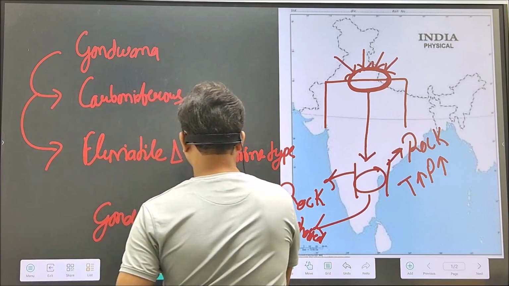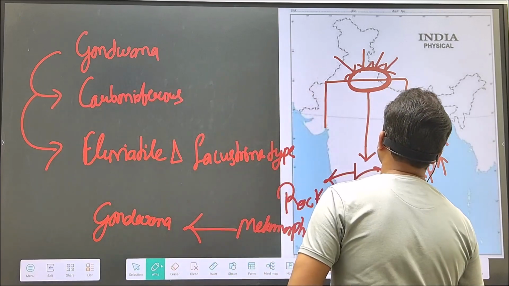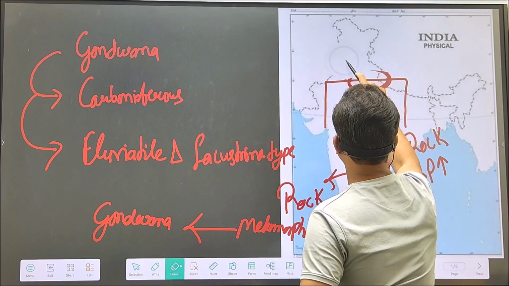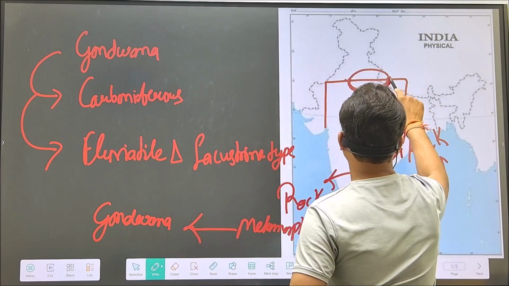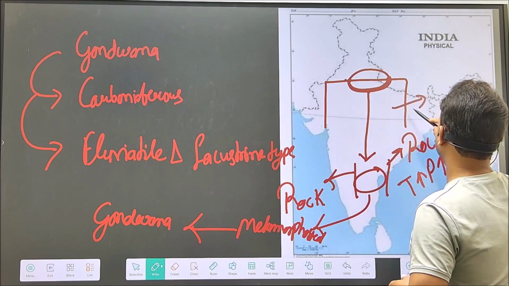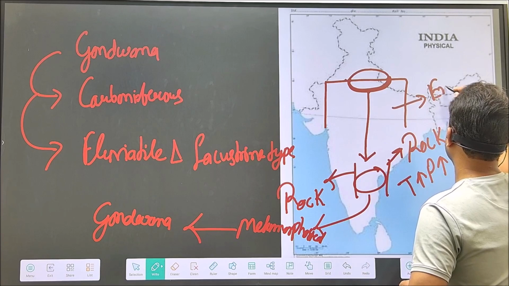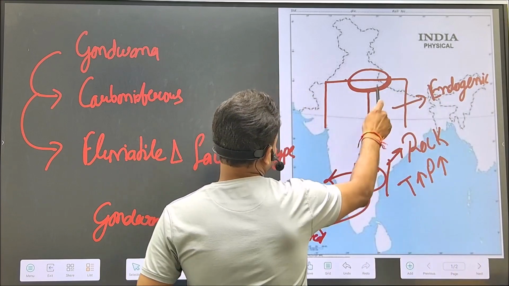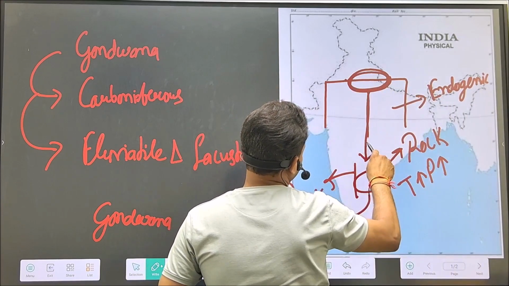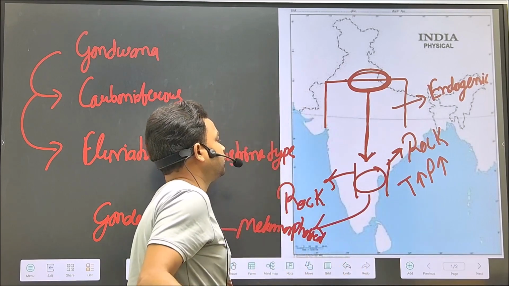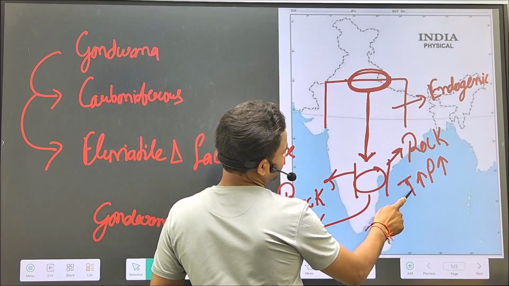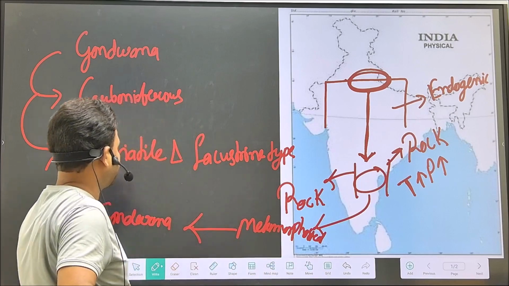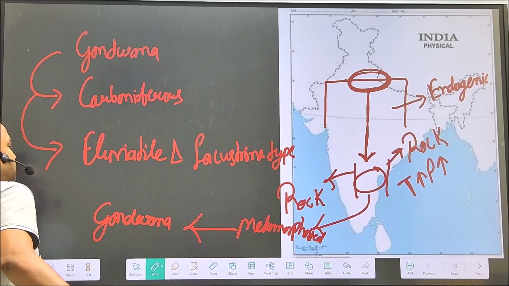And apart from river basins and lakes, if it is a part of land, and due to endogenic forces this part of land moves in a downward direction and subsides into a fault, there is also extreme temperature and pressure, that part of land will get metamorphosed, and the metamorphosed rock becomes Gondwana rock.